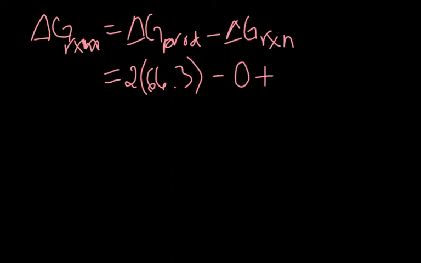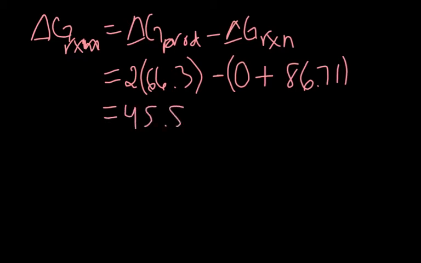And we subtract it by the sum of the delta G's of the reactants. And we will get a value of 45.89 kilojoules per mole. Okay?